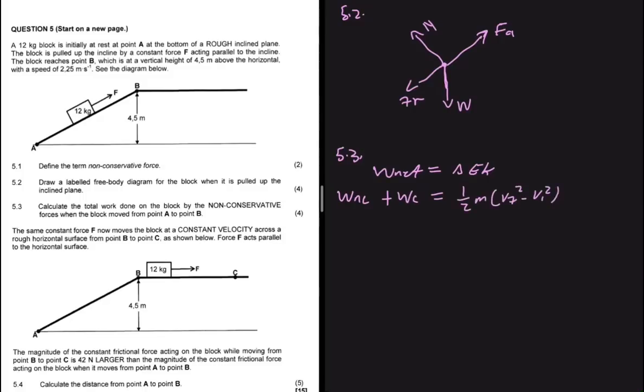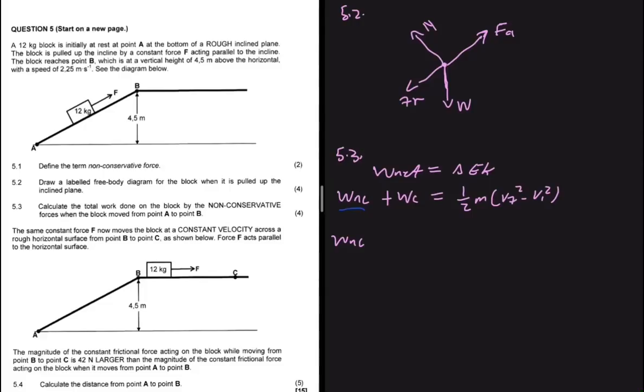We're looking for the work done by the non-conservative forces, so let's leave that as a variable. We're going to have the work done by the non-conservative forces plus the work done by the conservative forces. The conservative force acting there, which we are supposed to calculate the work for, is gravity.